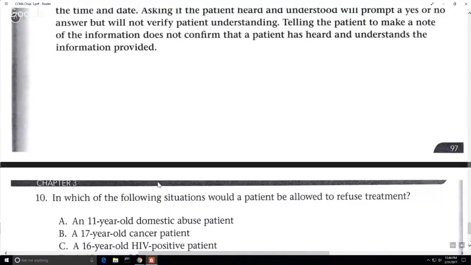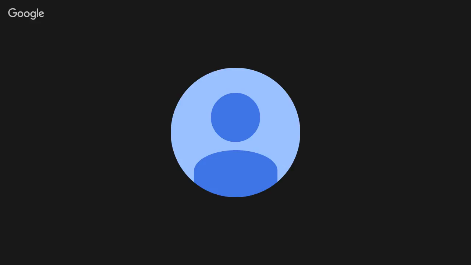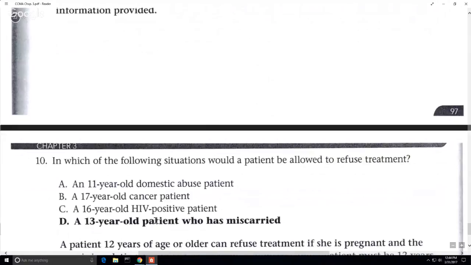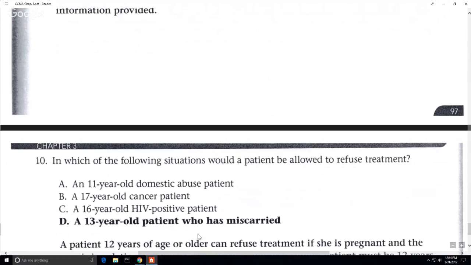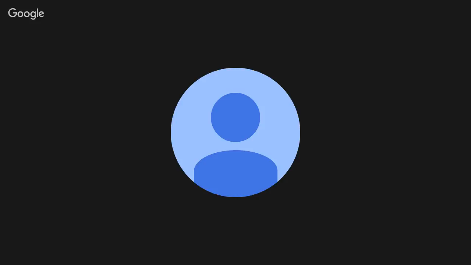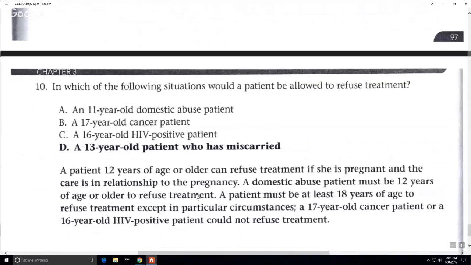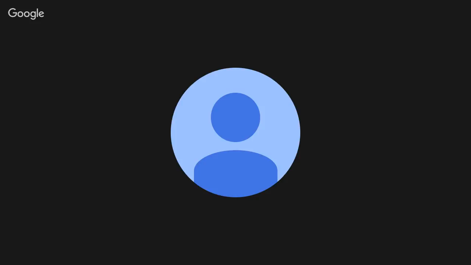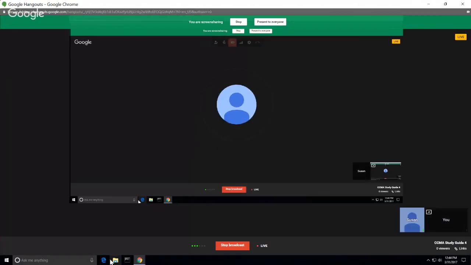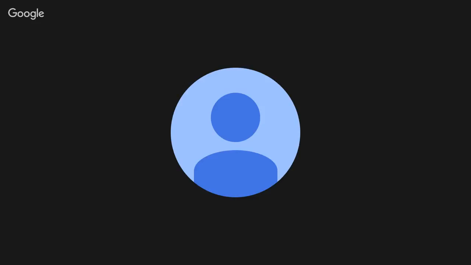Tricky question. You mean pick an answer? D. Yeah. 13-year-old patient who has miscarried. Yeah, that's a very good trick question. So you have to read these questions and make sure you select the best answer.